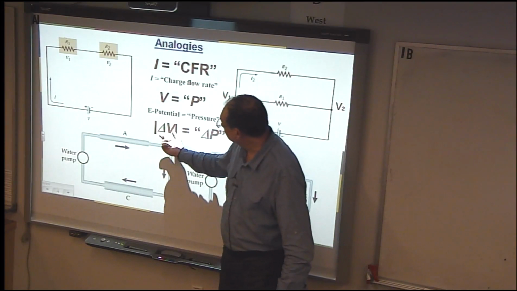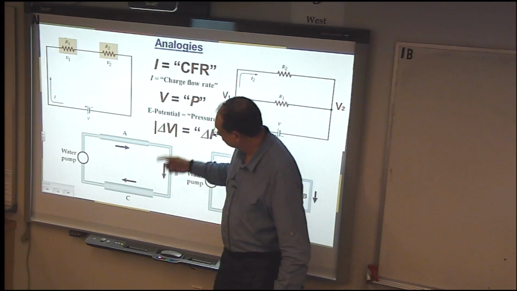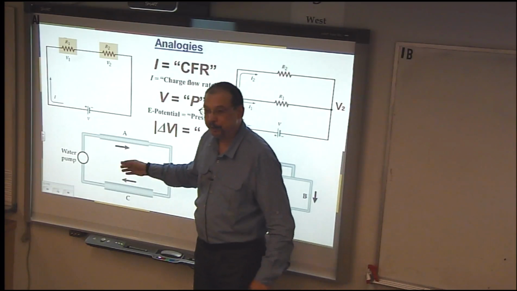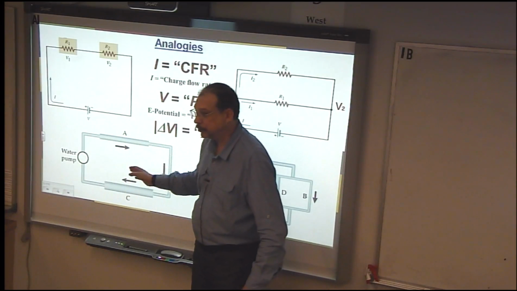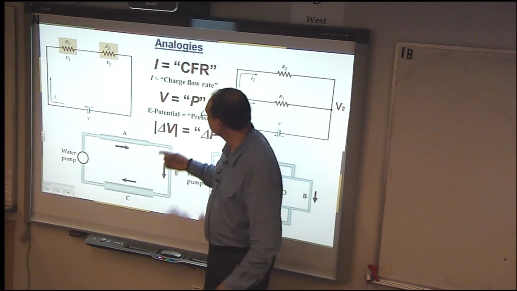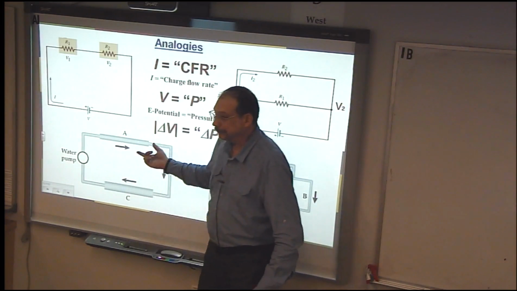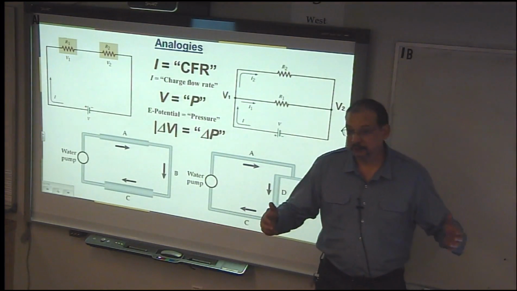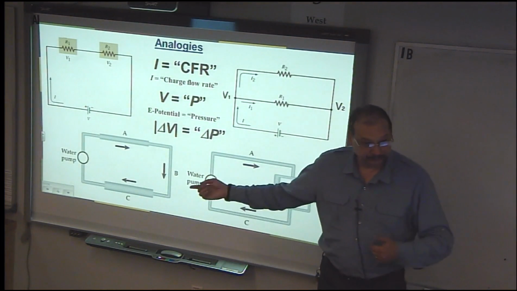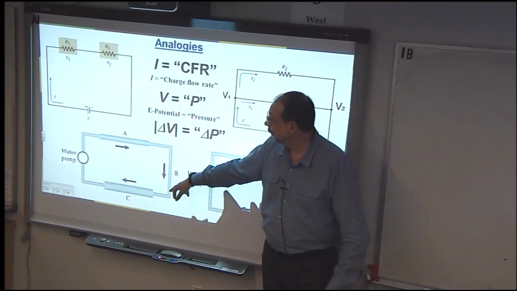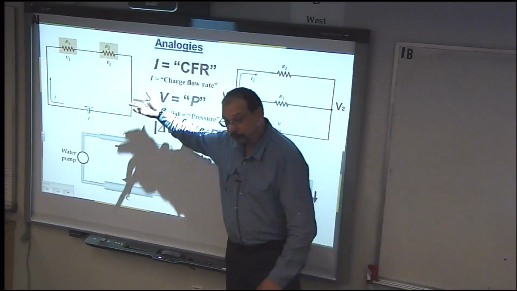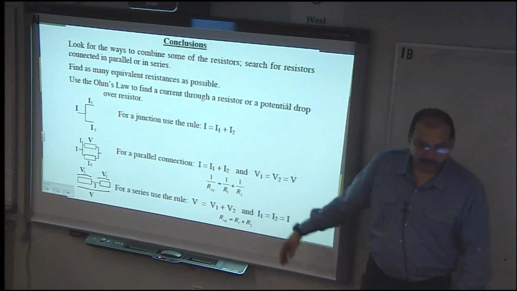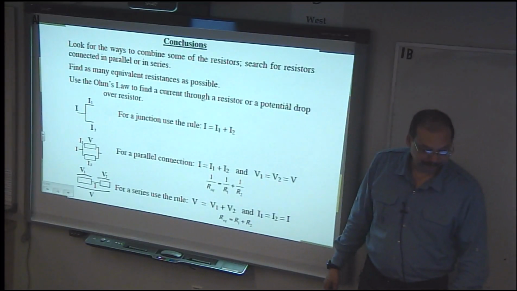And electric potential is an analogous variable for pressure. Pressure inside a pipe changes and it makes water move. And potential difference is the equivalent of pressure difference. And pressure difference is related to force in pipes. And potential difference is related to force in wires. Very similar approach.